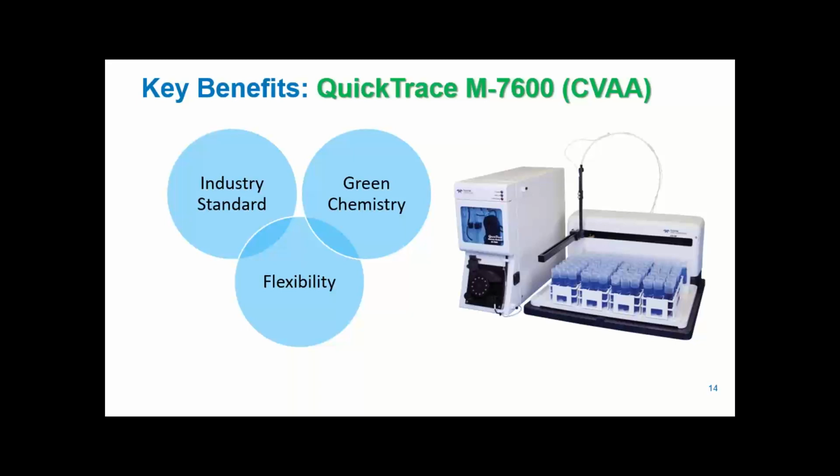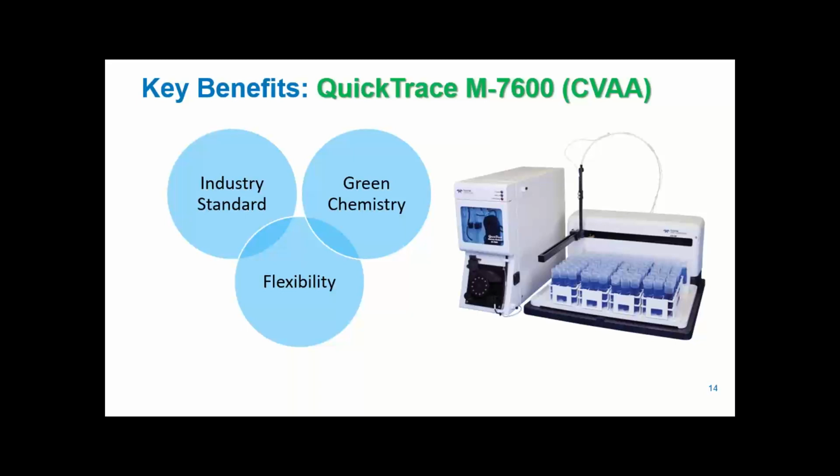This instrument will also help support your green chemistry initiative. So we've created a small inner diameter tubing harness that reduces sample consumption, reduces reagent usage, and liquid waste generation. We have developed methods using those tubing harnesses that are very efficient. They're only about 70 seconds a sample in peak area mode. So at that rate, you could run almost 50 samples in an hour. And you get all the benefits from the reduced chemical usage.